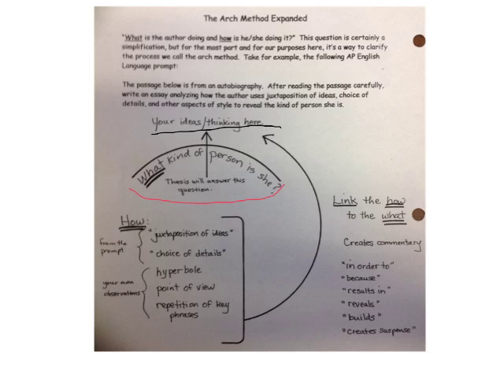We call it the ARCH method because, as you can see, there's an arch going over. And what goes in the arch here is exactly what's being asked of you.